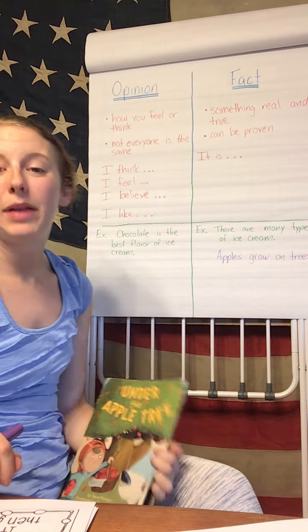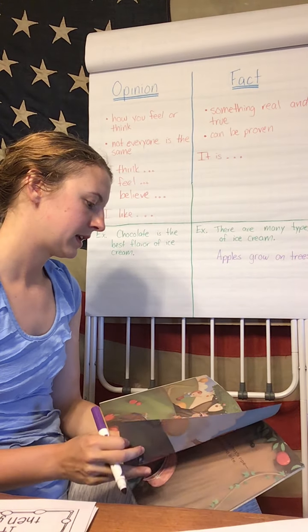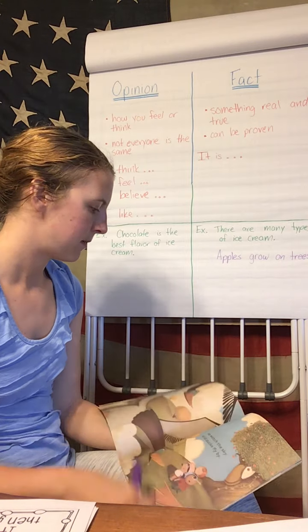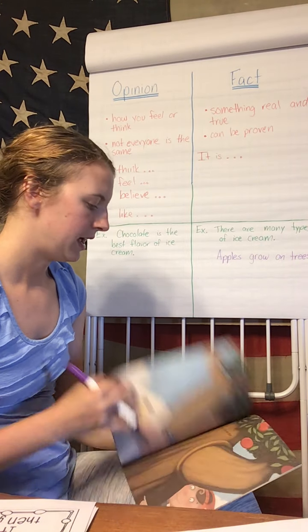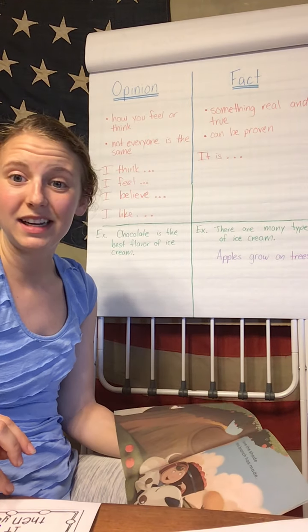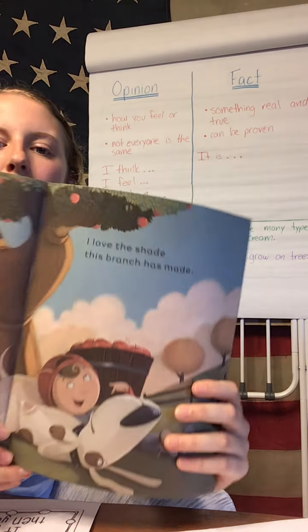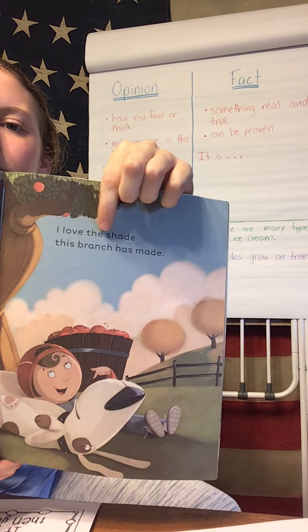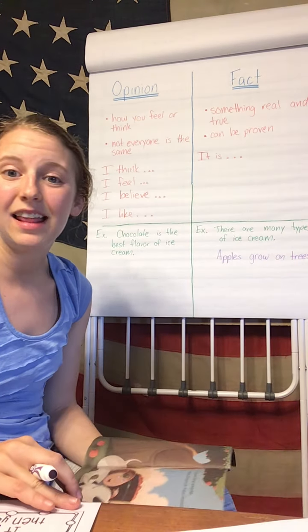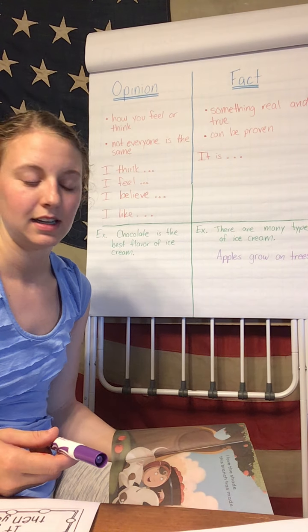Now, an opinion, let's see. An opinion might be that he loves apples. Not everybody is going to love apples. So in this part, it says, I love the shade this branch has made. By saying I love, that's something that he feels, that he thinks.